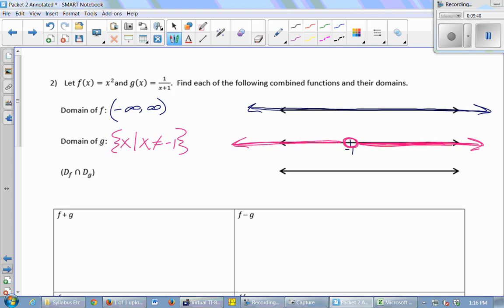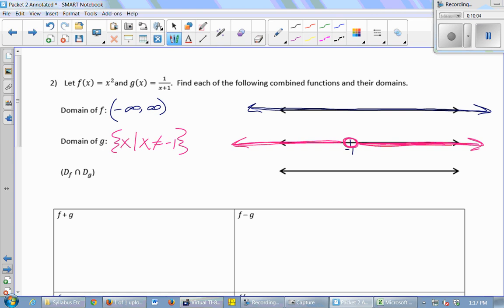All right, and then the intersection. The upside down U was intersection. So the intersection is what these 2 things have in common. What x values do they have in common? It can help to look at the picture. Everything but negative 1 they have in common. The first one, negative 1, is part of the domain, and the second one it's not.